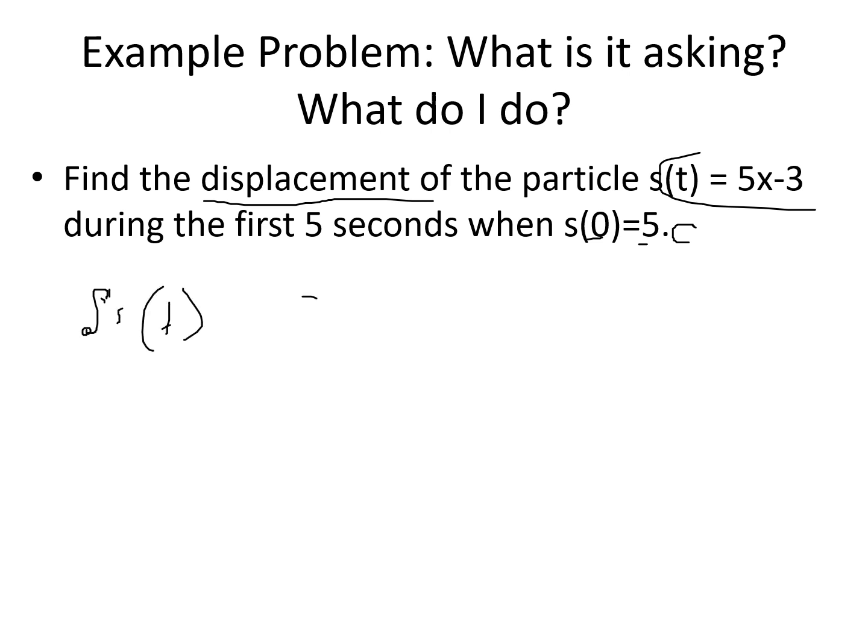So the integral of 5x minus 3 is equal to 1/6 x to the power of 6 minus 3x, and then since it's at 0, it's equal to 5. When we put 0 into both of these, it's 0, so it'll have to be plus 5 during the first 5 seconds.